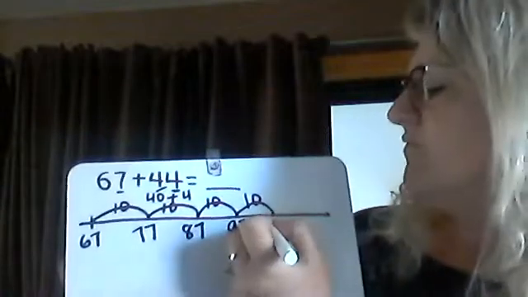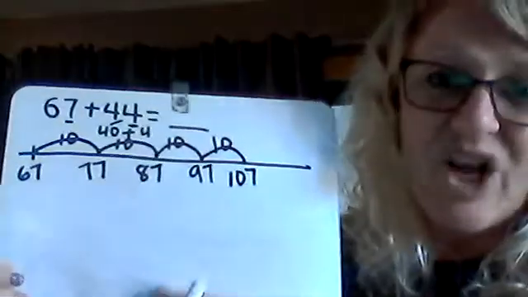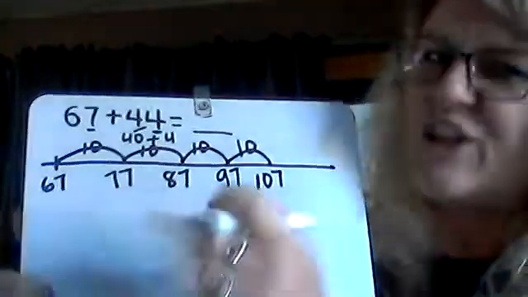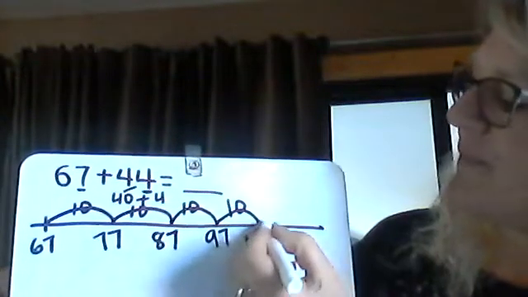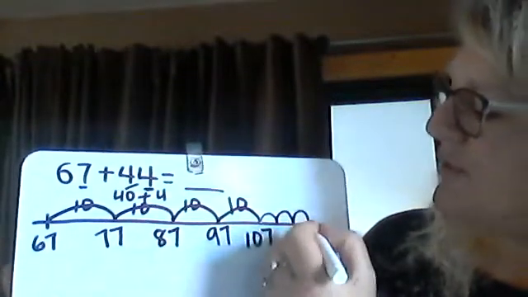Plus 10, 107. Are we done? Nope, we need to count the 4 ones. Wow, all right. 1, 2, 3, 4.